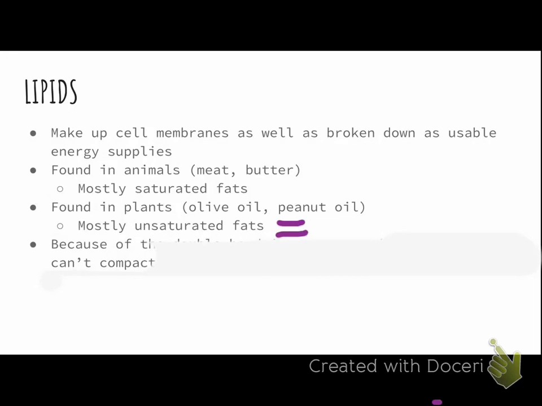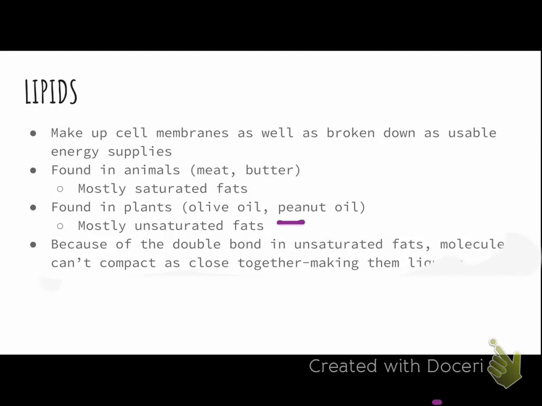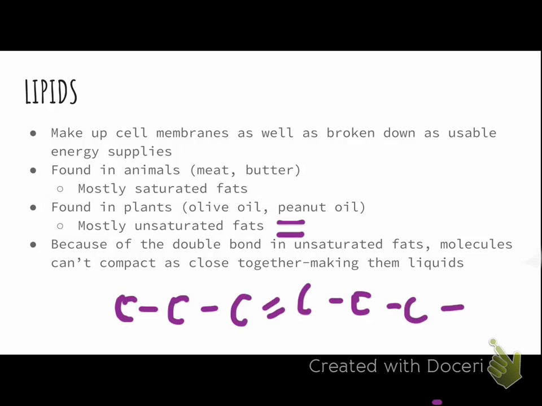Now, it is because of this double bond that the molecules are not as closely compacted together, because the double bond makes a kink in the chain, which makes it so two different chains of fats cannot bond so closely together.